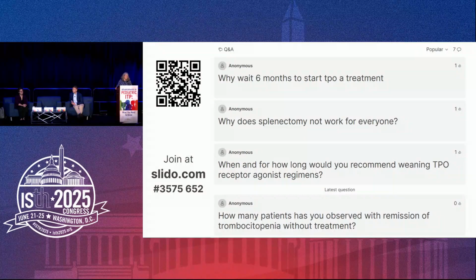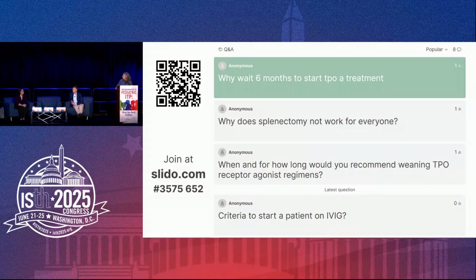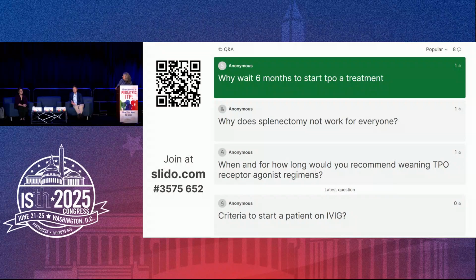I don't have a minimum platelet count for daycare. I think if you don't trust your daycare providers with a platelet count that's low, then maybe there are some other trust issues happening there, and it might be time to think about whether that's the right option, but if they're really watching the children, they'll be fine.